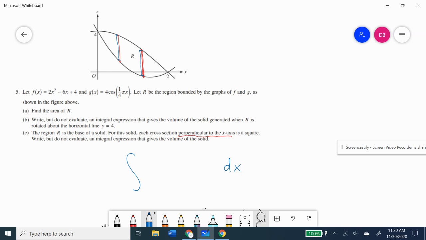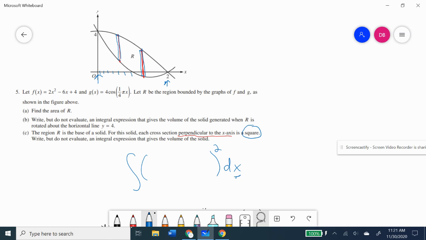Now, with cross-sectional volume, it's always some area formula times the differential. The area formula is for a square. Length of side squared will give you the area of the square. The length of the side are these vertical distances, while x goes from 0 to 2.